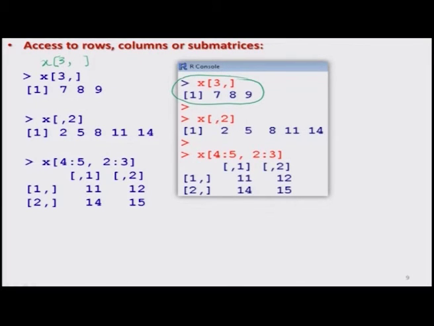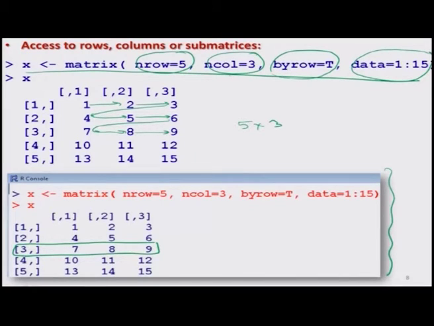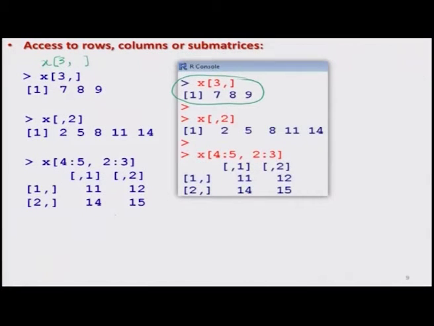Similarly, in case you want access to the second column, which contains the values 2, 5, 8, 11, 14. Suppose I want to extract only this column from the entire matrix, then I have to give a similar command here: the name of the variable x, then the square brackets, then I have to leave a blank space, do not write anything, then a comma, and then 2.